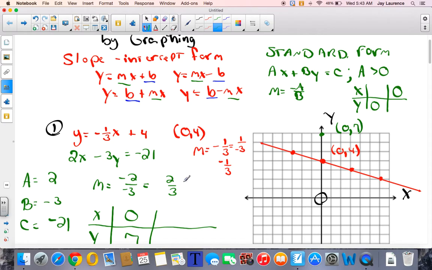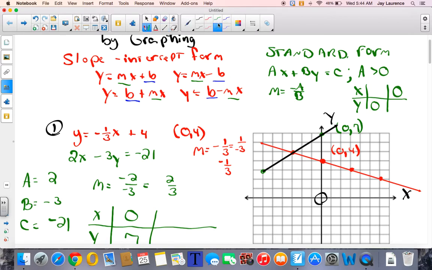Now, my slope is 2/3, but I'm out of room, so I'm going to use the -2 over -3 for my slope. We'll go down 2 and back 1, 2, 3. Oh, look at that. These lines are going to cross right at that point. I'm going to finish drawing my line, and I will know the solution. My line's going to go right like that.